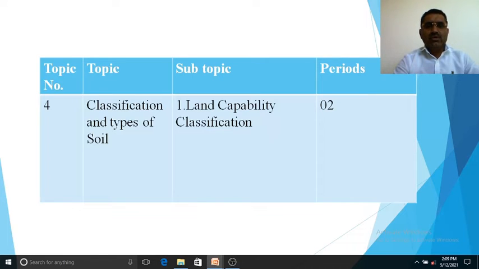So every land, according to its quality and according to its depth, texture, and any characteristics of the soil, has a specification of crops, and so there are various classes according to the capability. So which are these classes, we have to see.